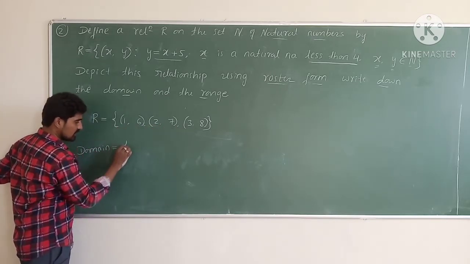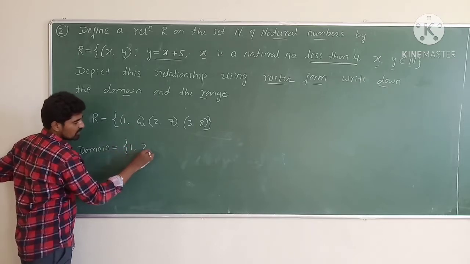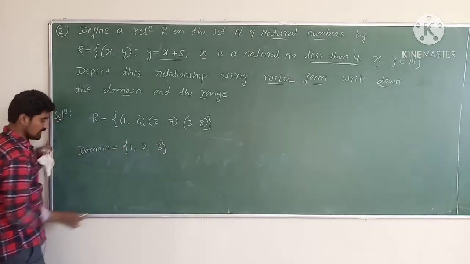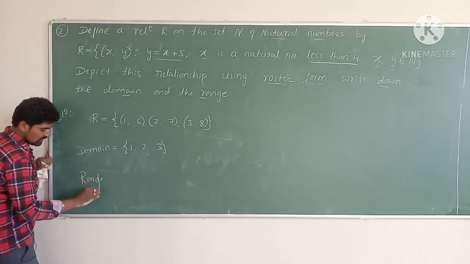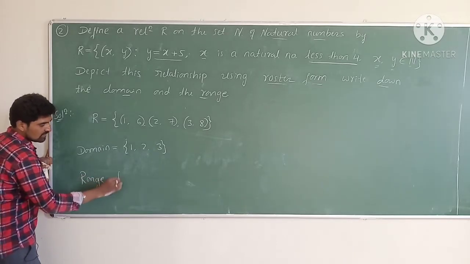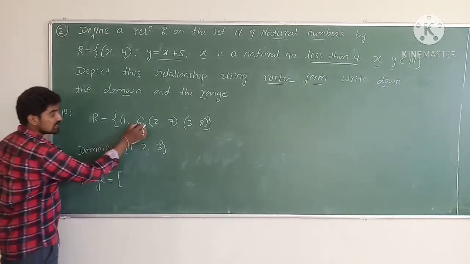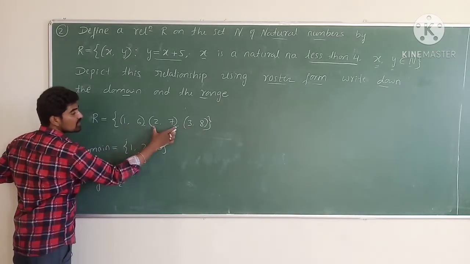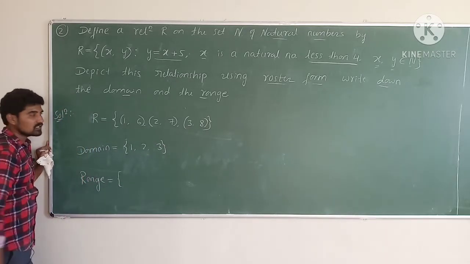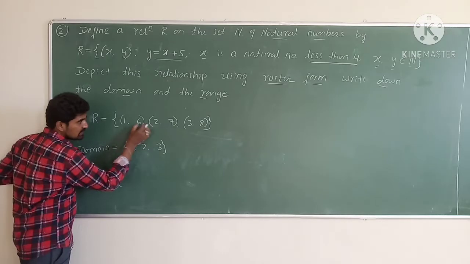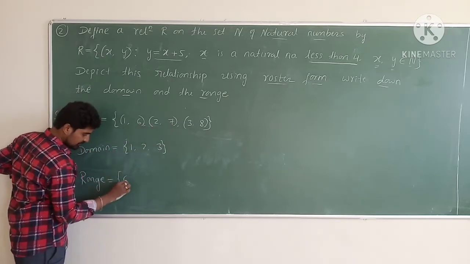Therefore, domain of the relation R consists of the elements 1, 2 and 3. Next, range of the relation R. Range of the relation R means the set of all second elements of the ordered pairs in the relation R. Second elements are 6, 7 and 8.